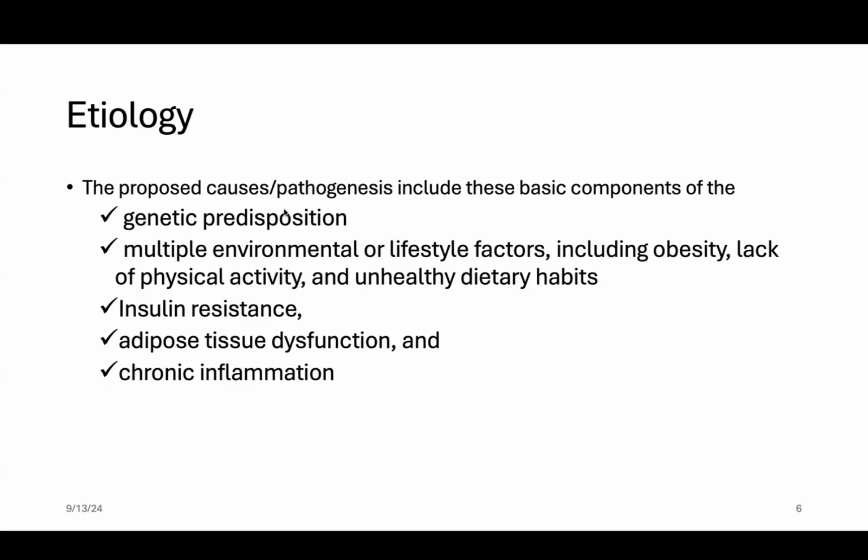There is an element of insulin resistance, adipose tissue dysfunction, and chronic inflammation. So all these factors contribute to the cause of metabolic syndrome. And it's a complex interplay between all these factors.